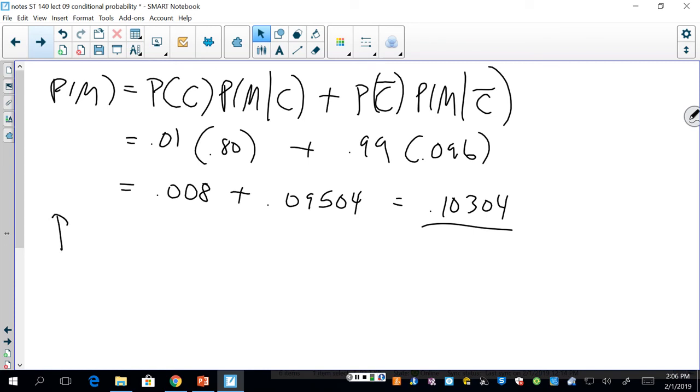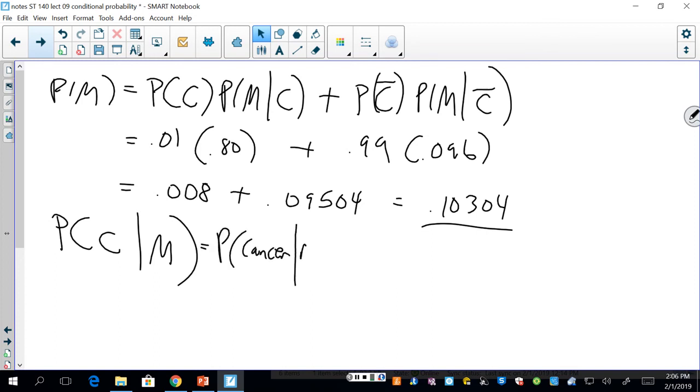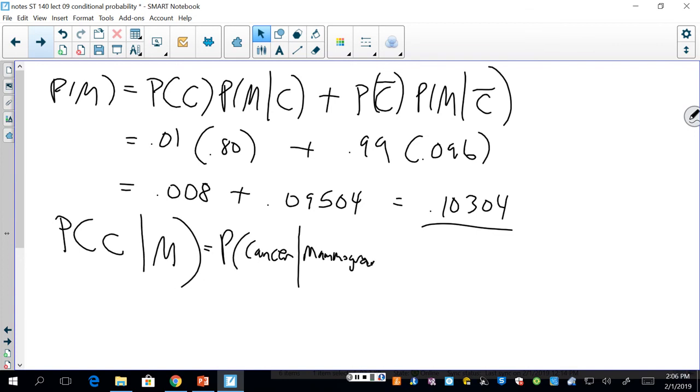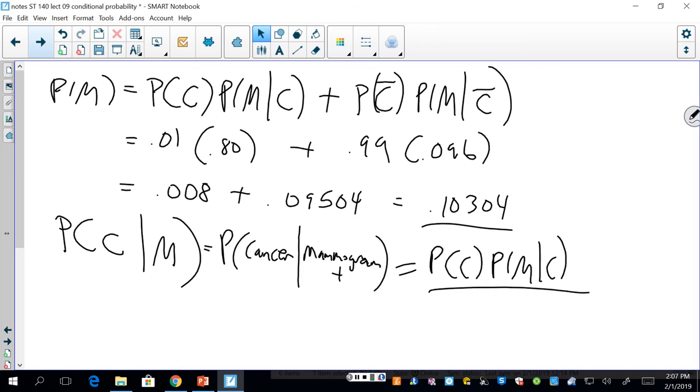So what's the probability the woman actually has cancer given that she has a positive mammogram? So the probability cancer is real given the mammogram test is positive. Well, we take the probability, reversing it, of cancer and the probability of mammogram given cancer, multiply those two things together, and the denominator is the probability of a mammogram.